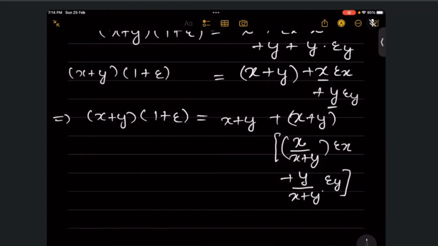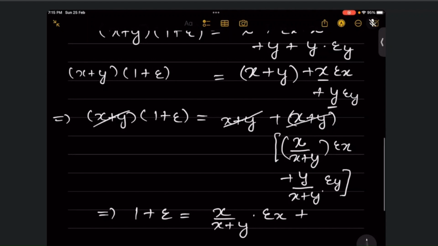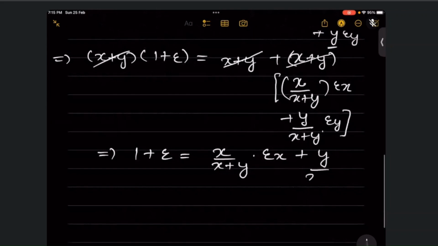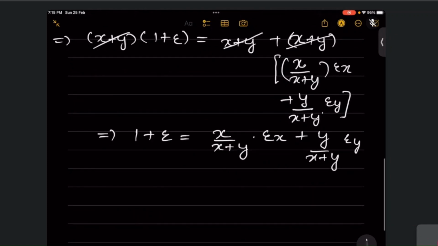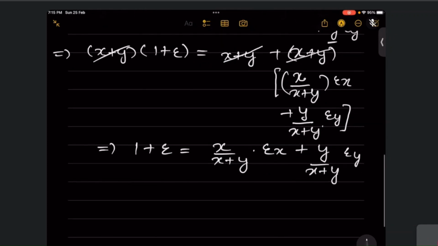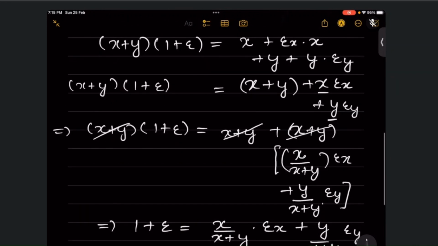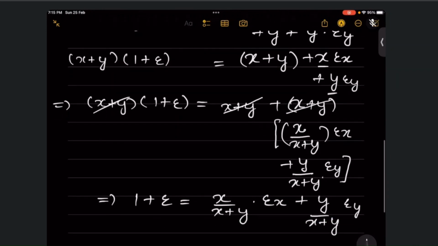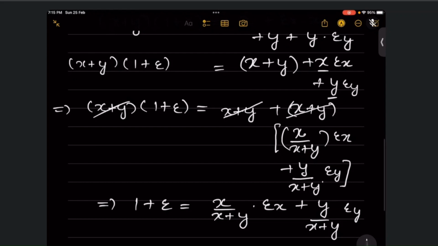Understood this step? Yes. Now from here, this x plus y will go. So what we get is 1 plus epsilon will be equal to x upon x plus y into epsilon x, and y upon x plus y into epsilon y. Correct?